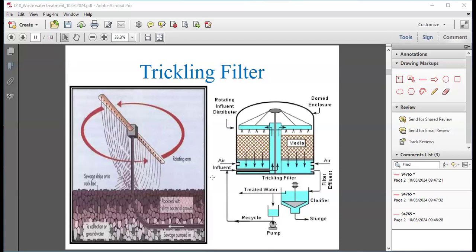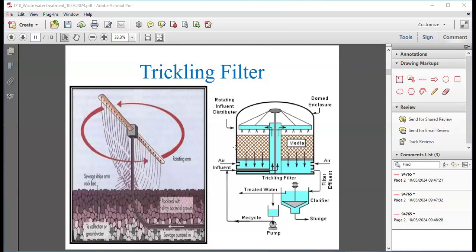Yeah, this one. And the trickling filter: influent, treated water, recycled sludge and clarifier, filter effluent, air, domed enclosure.